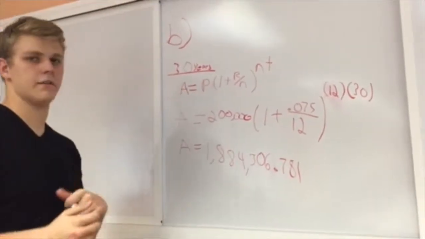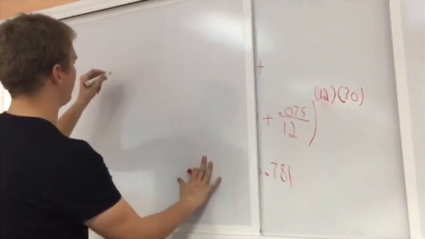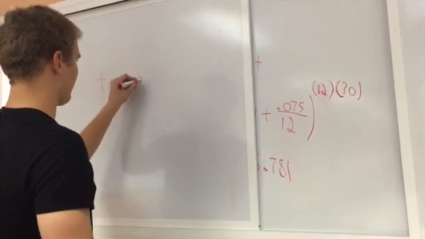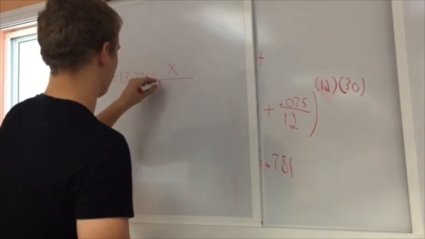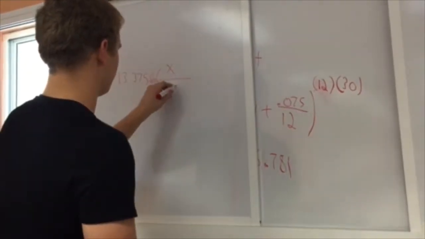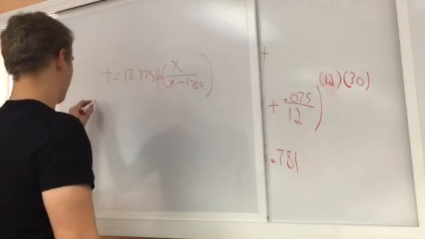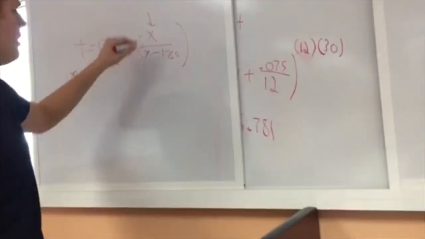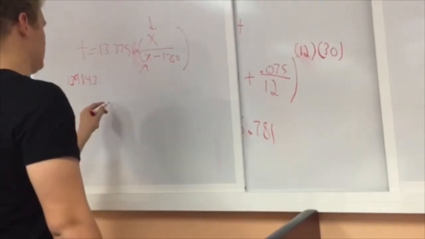To find the amount we're going to pay in 30 years, we replace in the formula T is equal to 13.375 ln of x over x minus 1250, and when you replace the number 1398.43 here and here, you get T is equal to 30.